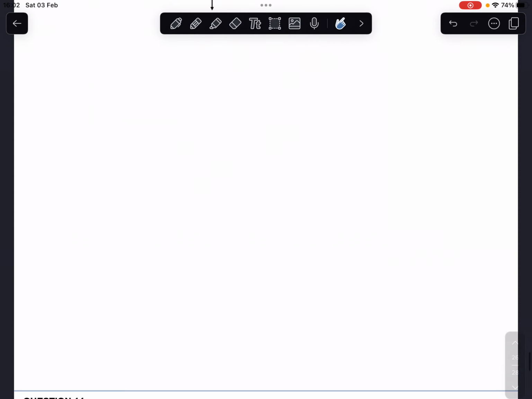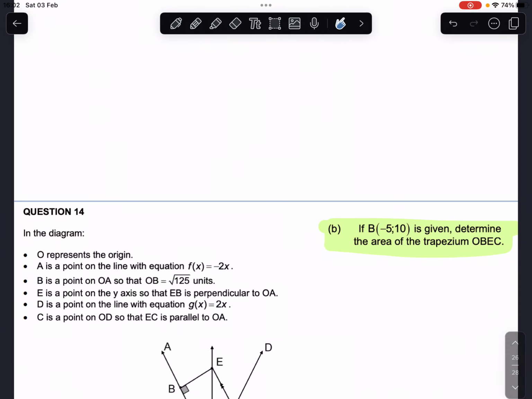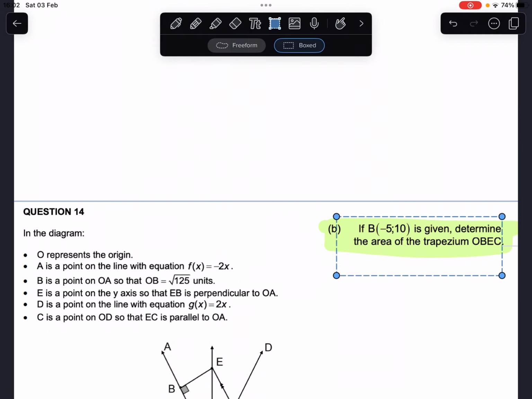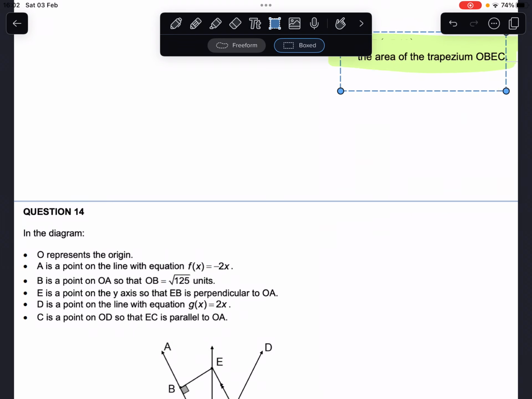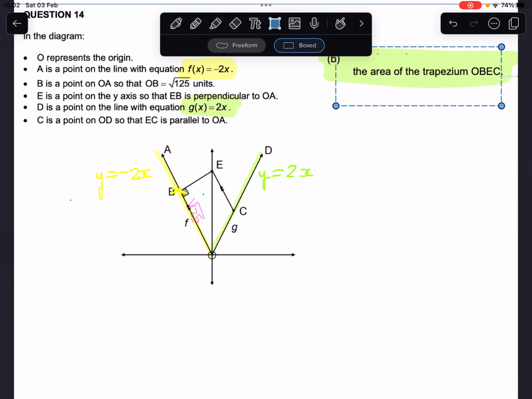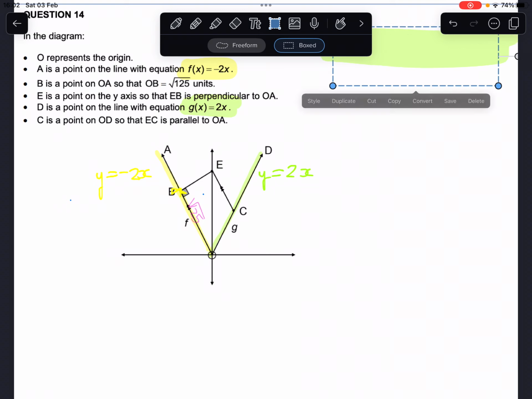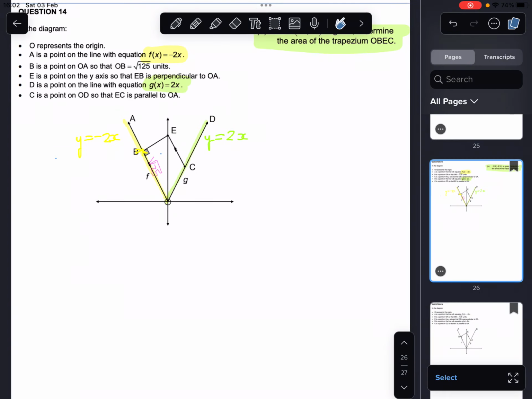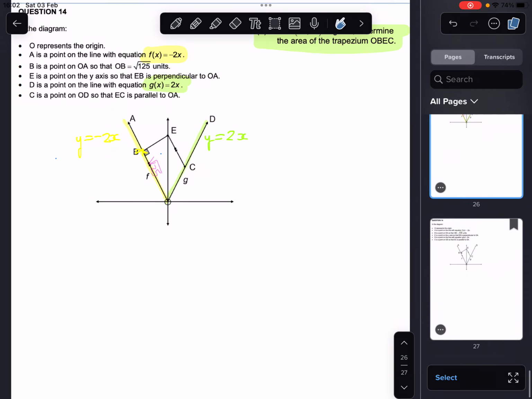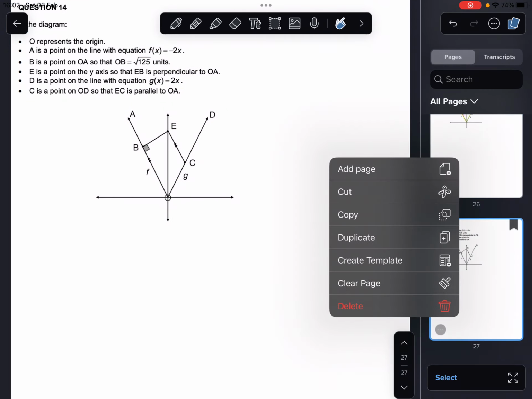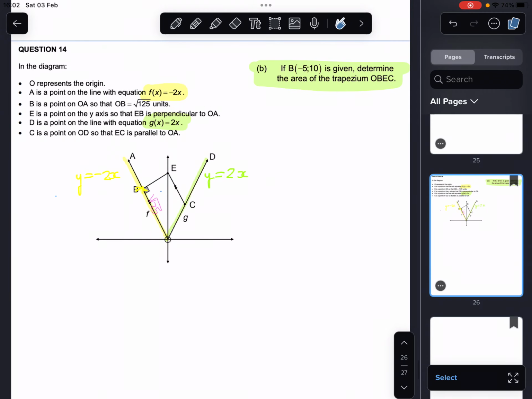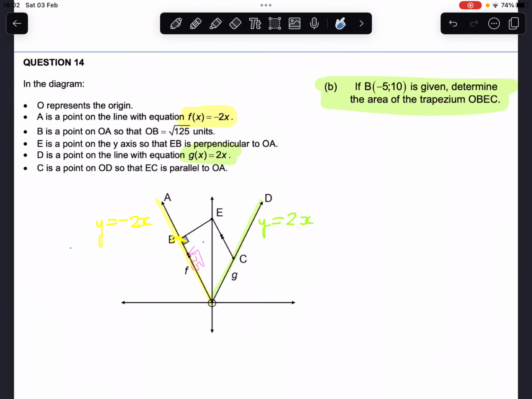Okay, and then let's get the next question. Away we go. Okay, then we don't need this other page anymore. Awesome. Right. Thank you for bearing with me.